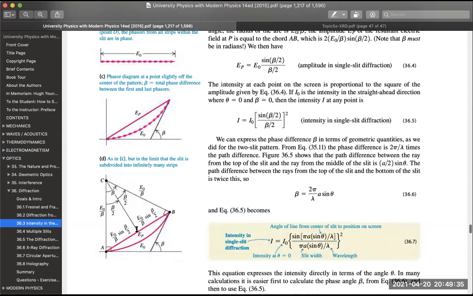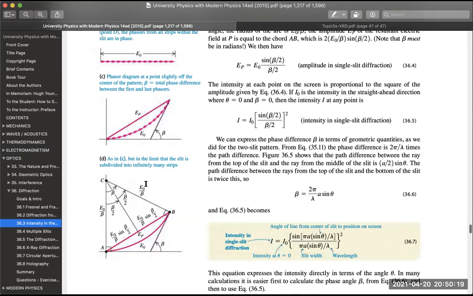If we bisect it, beta over 2, these are radii, and if we think about the geometry of a circle and sector area and sector arc length, if this central angle is beta and this circular arc is E0, then the radii of that circular arc need to be, in radians, E0 over beta.